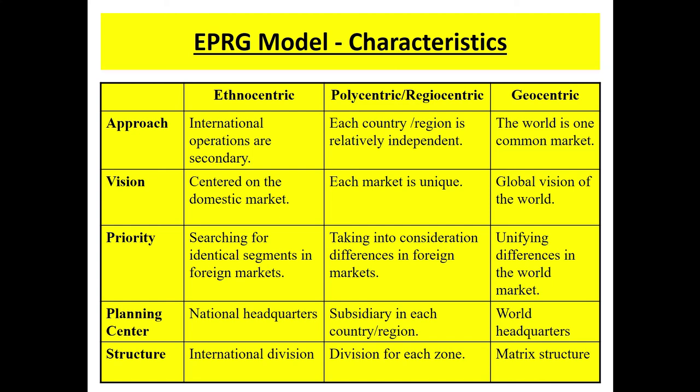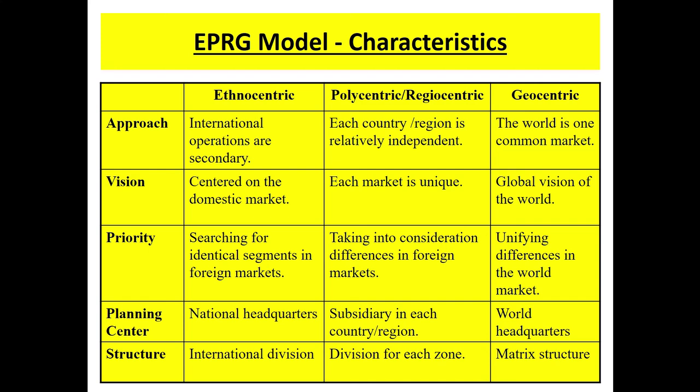Their vision, as compared to polycentric and regiocentric, where each country is relatively independent, and geocentric, where they view the world as a common market. In terms of vision, ethnocentric is centered on the domestic market. For polycentric, they see each market as unique. For geocentric, there is a global vision of the world.